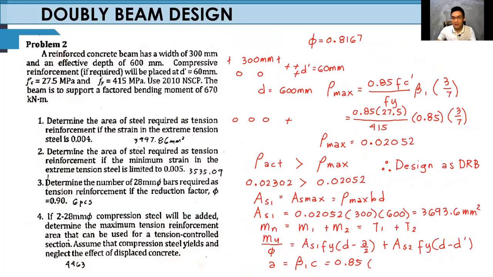Hindi yan d total, sorry. So, effective depth, sa 2-layered or 1-layered. So, therefore, si d is the same lang kay dt if 1-layered lang tayo. So, that is 3/7 multiplied by 600. Ayan po. So, therefore, makukuha na natin the value of our a is equivalent to 218.57 millimeters. Ayan.